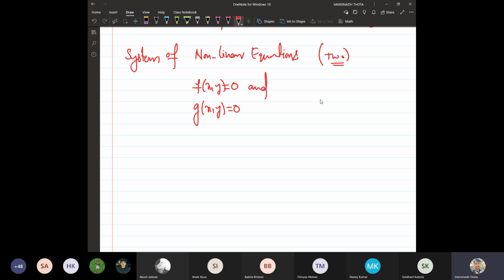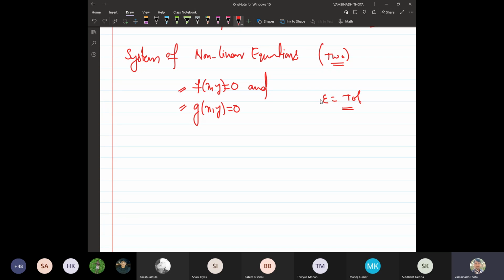Our aim is to find a suitable approximate solution for both the functions f and g, again with some error tolerance. So how to proceed?